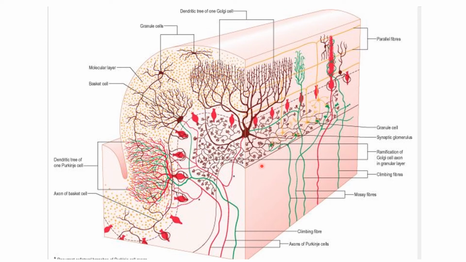And the neurons we have said are the granule cells, the Golgi cells, and the basket cells in the molecular layer. These all are inhibitory neurons or interneurons in between.